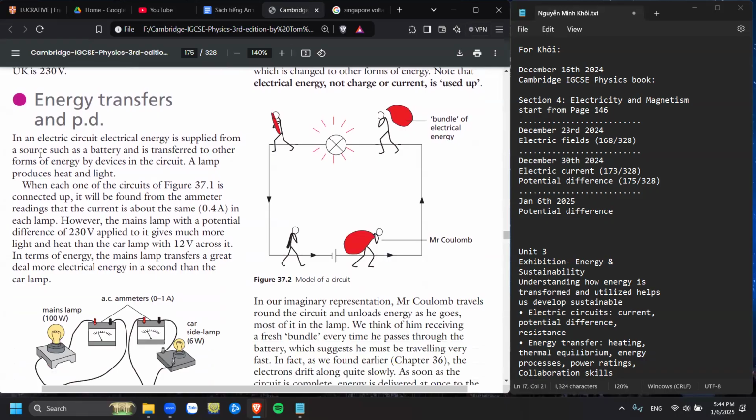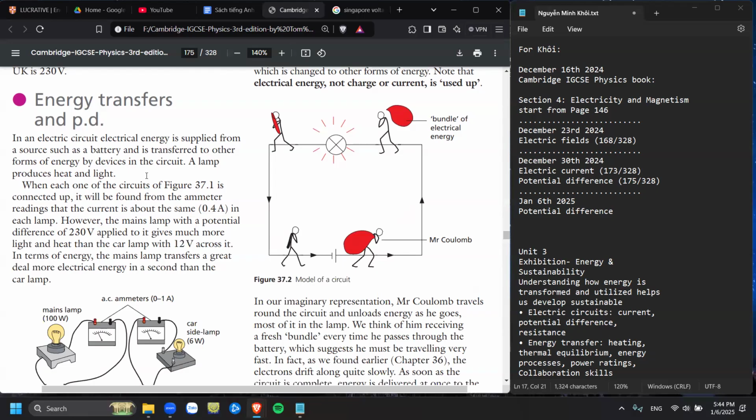In an electric circuit, electrical energy is supplied from a source, such as a battery or electric socket. And it's transferred to other forms of energy by devices in a circuit. So basically, you are provided electrical energy, the flow of electrons.